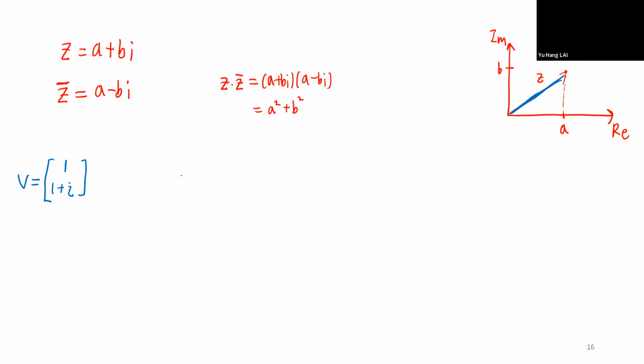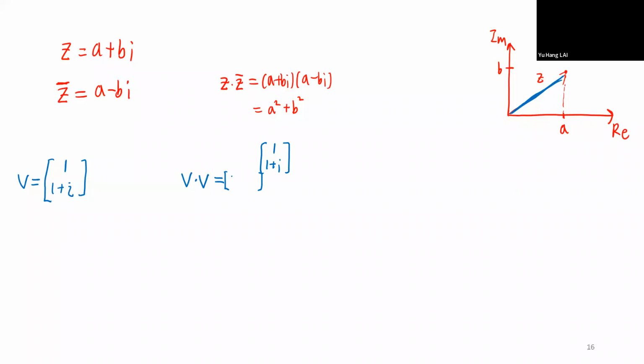If I'm going to do the dot product for this complex vector, what I need to do is write down my original vector v, 1 plus i, and then I also need the transpose. If I take the transpose, it will be 1 and 1 plus i.